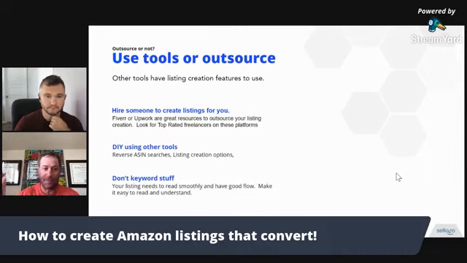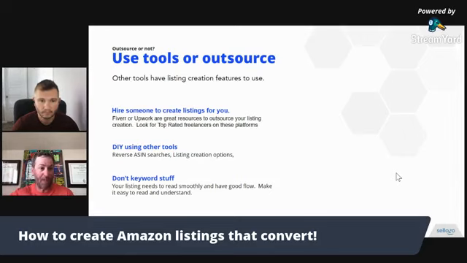Especially Helium 10 is the one I'm most familiar with. They'll move your keywords into a listing creator, and then it checks them off every time you've used that keyword in the bullet points. And then you can hit one button and that will upload directly to your product listing on Amazon. So Helium 10 is great to walk you through that entire process for sure.